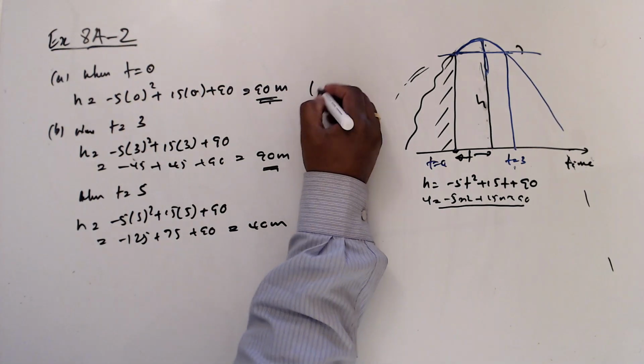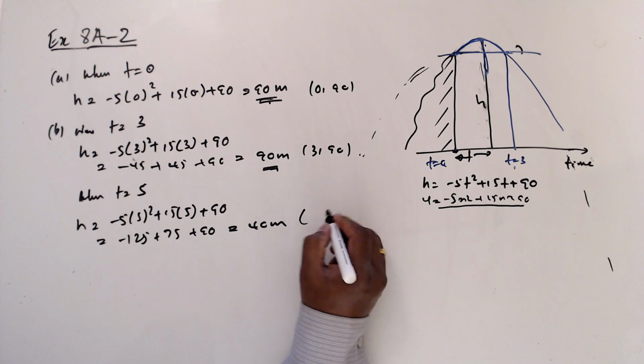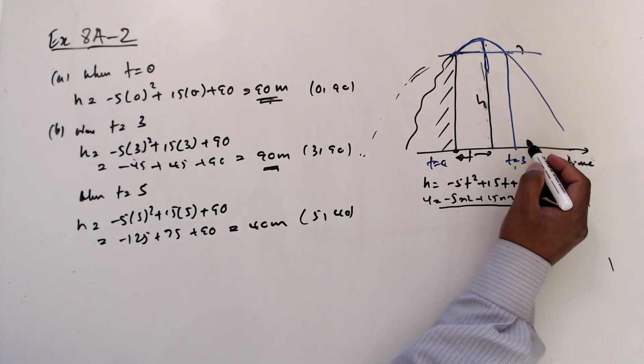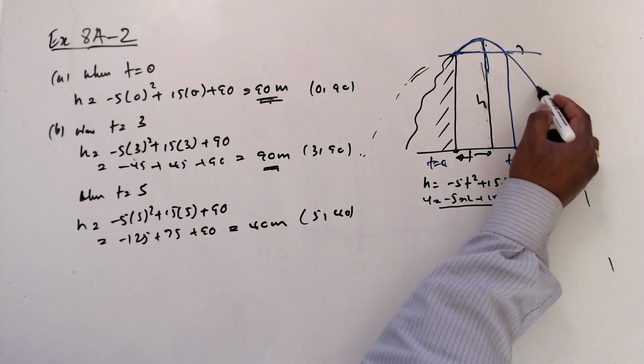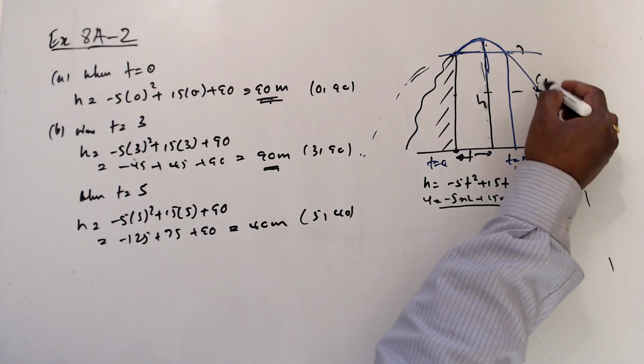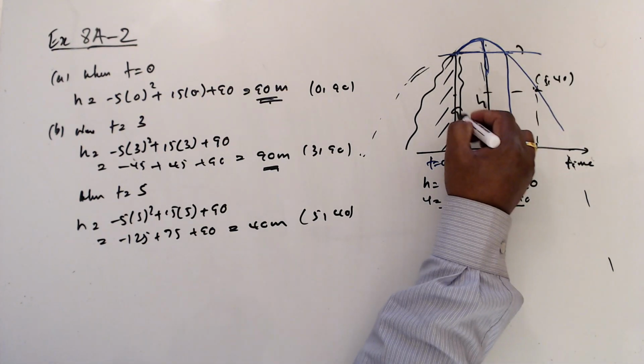So as coordinates, this is 0, 90, and 3, 90, and this is 5, 40. So when it is at 5, somewhere it is here. It is 5, 40, less than 90. So this height is 90.